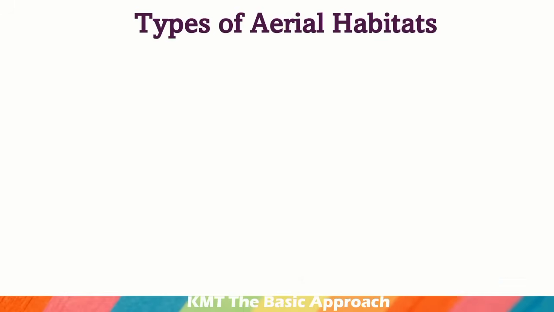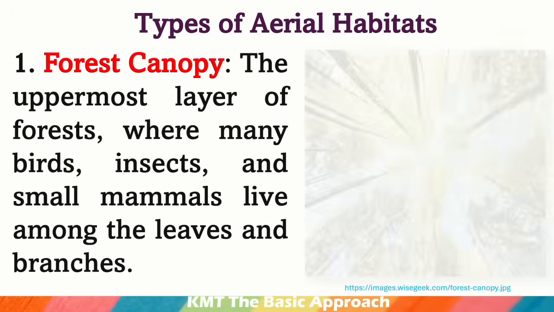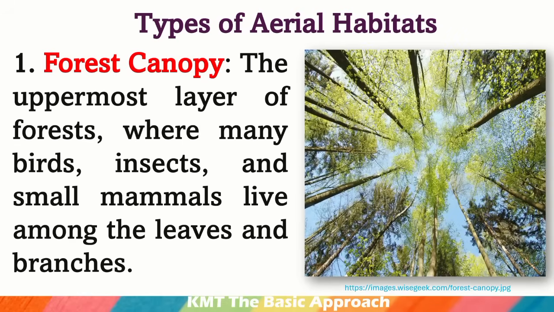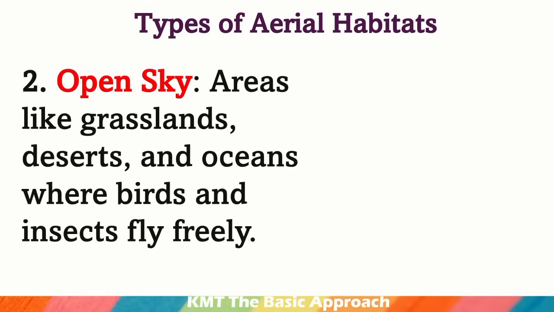Types of aerial habitats. Number 1. Forest canopy. The uppermost layer of forest where many birds, insects, and small mammals live among the leaves and branches. Number 2.